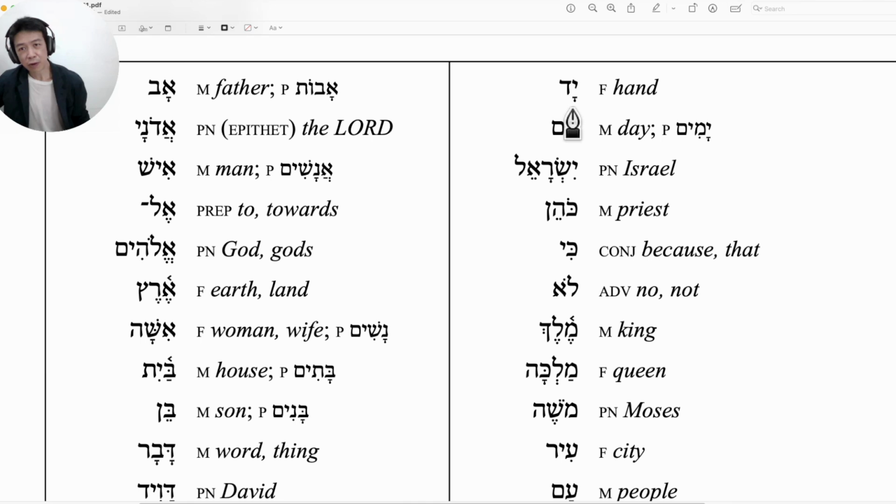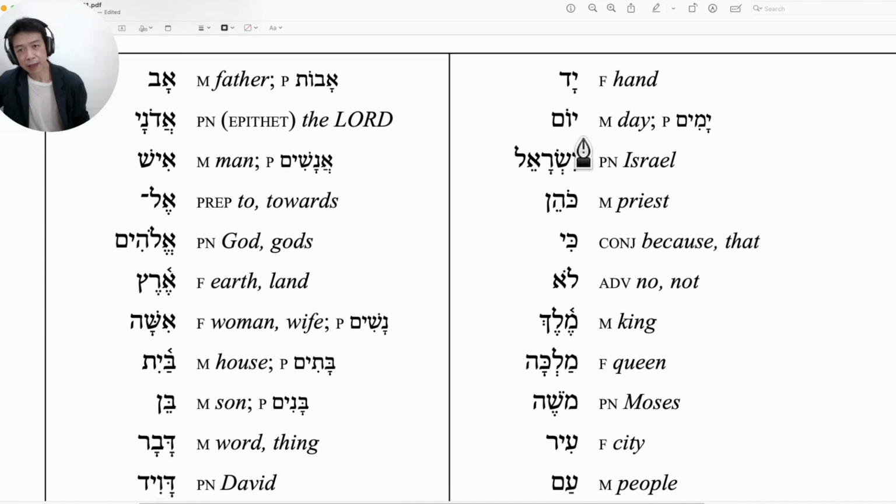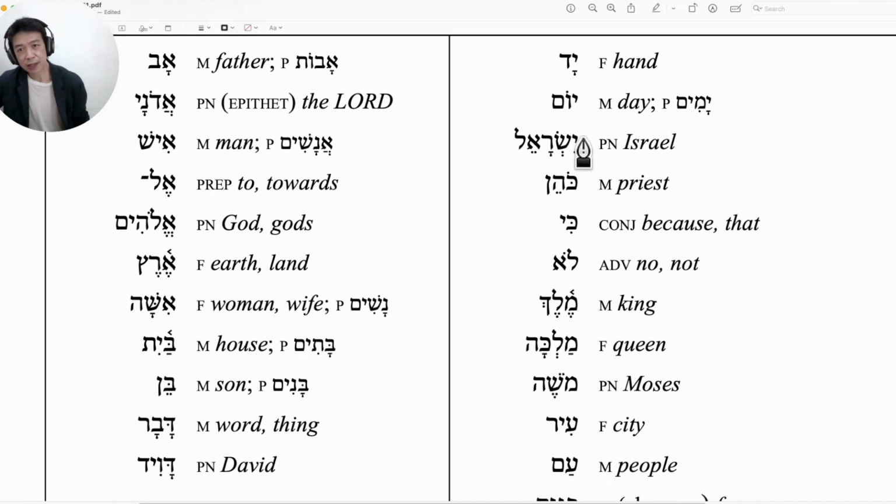Let's take a look at the word list on the right. The first word on the right is yad. It means hand. The second word is yom. It means day. It's the masculine word.